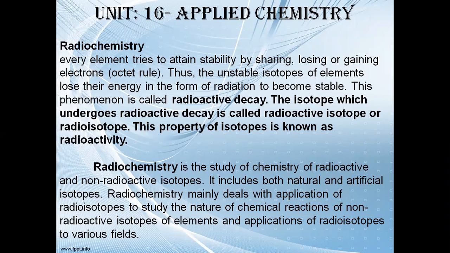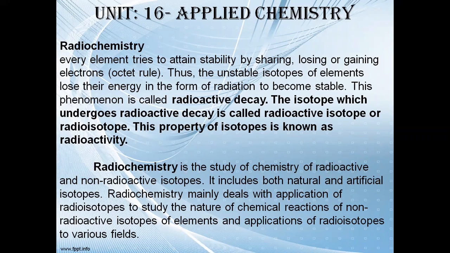So the isotopes of the elements lose energy because the unstable isotope is converted into a stable one. It loses energy, and it loses it in the form of radiation.